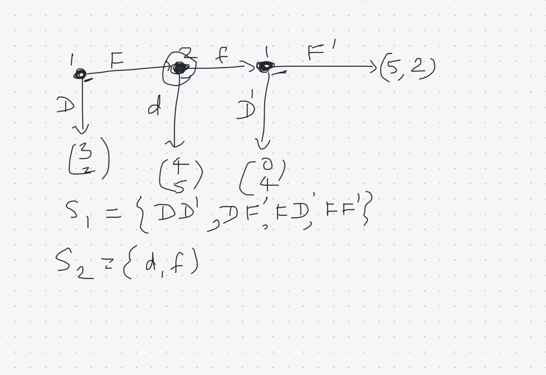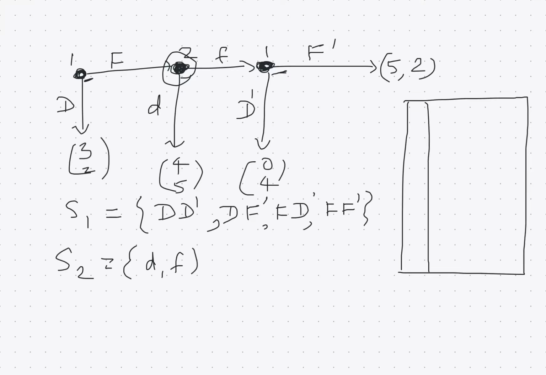So this game will have a 4x2 dimension, 4 rows and 2 columns. So let's do that. All right, so here we have player 1, player 2.